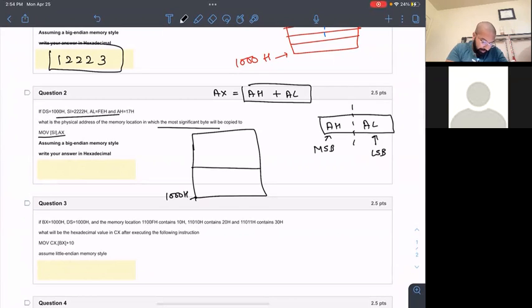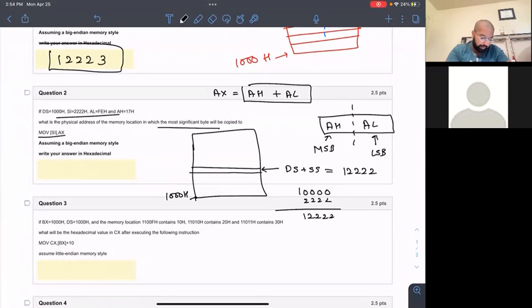This means the address the pointer is pointing at will be DS plus SI, which means 10000 plus 2222, which becomes 12222. So this address is 12222. Make sense? Let me write it over here.